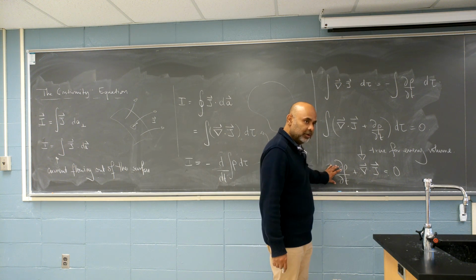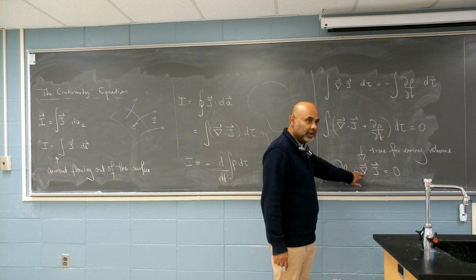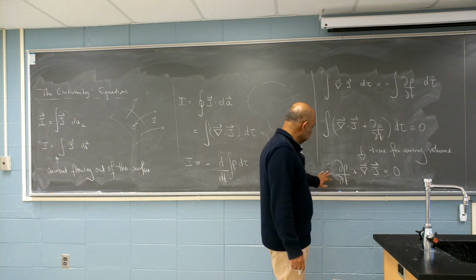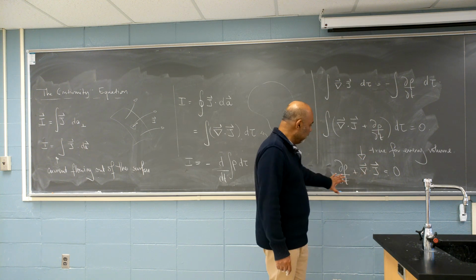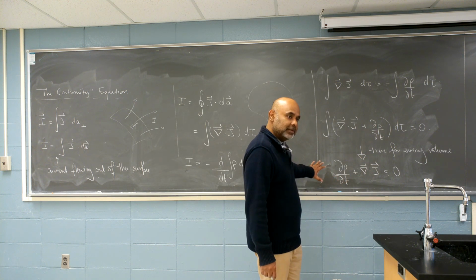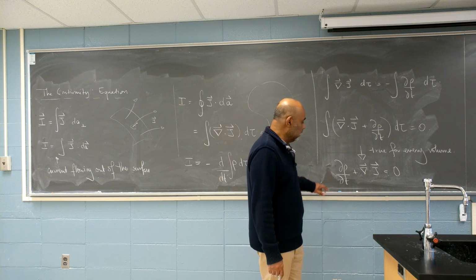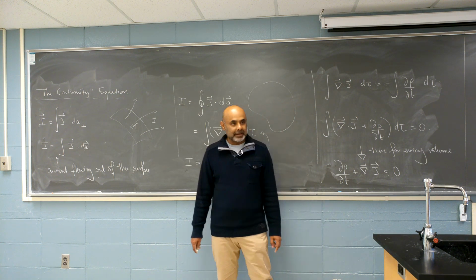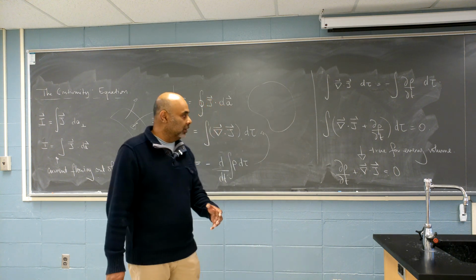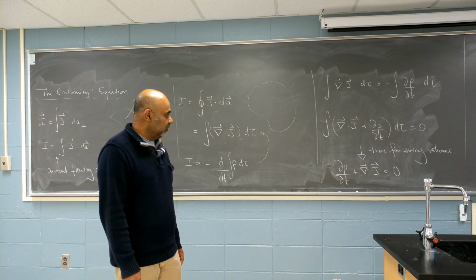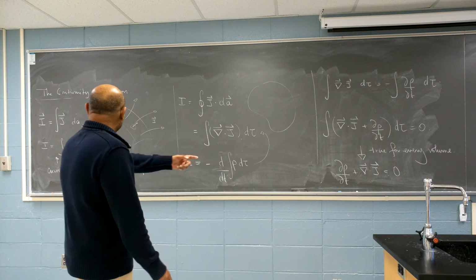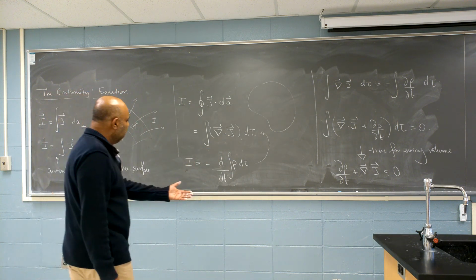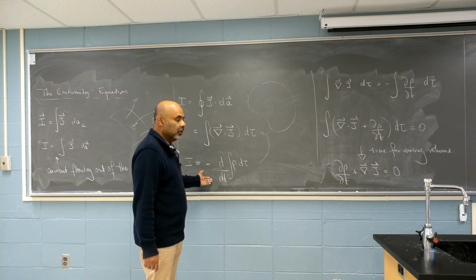For one time-like derivative, you have one space-like derivative. This is the heart of relativity, where space and time are considered to be equals. They enter into equations. This is called the continuity equation. It really is nothing more than, as you have seen, conservation of charge.